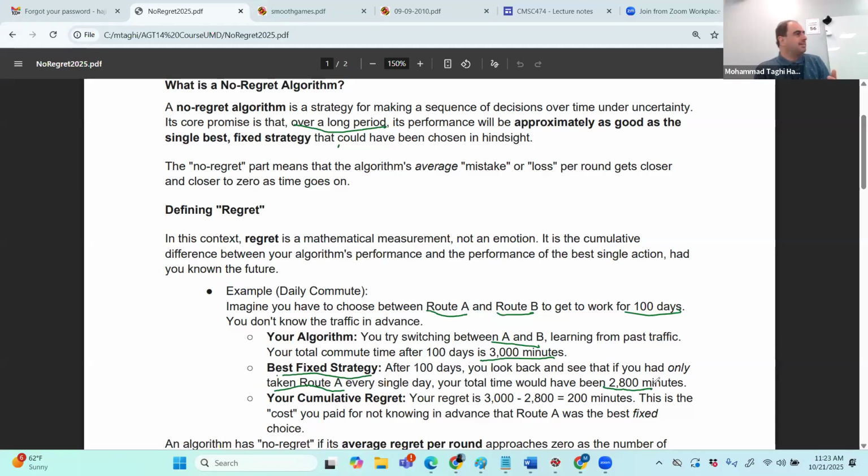It means that in this case, your regret is 3,000 minus 2,800, which is 200 minutes. This is the cost that you paid for not knowing in advance that route A was the best fixed choice.